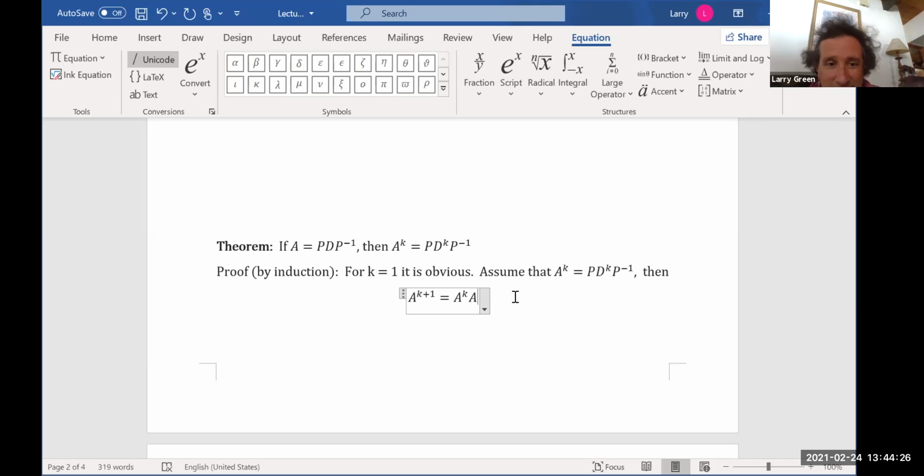Kind of by definition, really. All right, but again, we're assuming it works for K, so that means A to the K is P D to the K P inverse. And A is P D P inverse. Any questions on the plugging in?